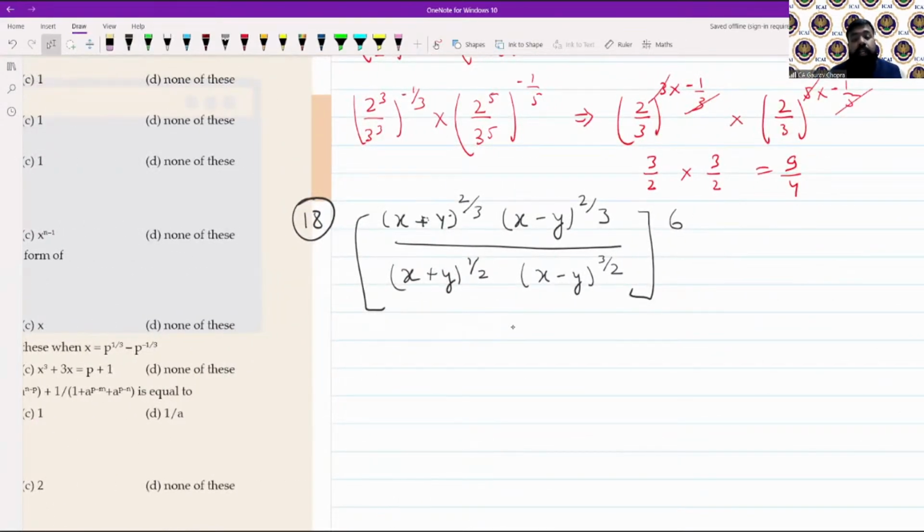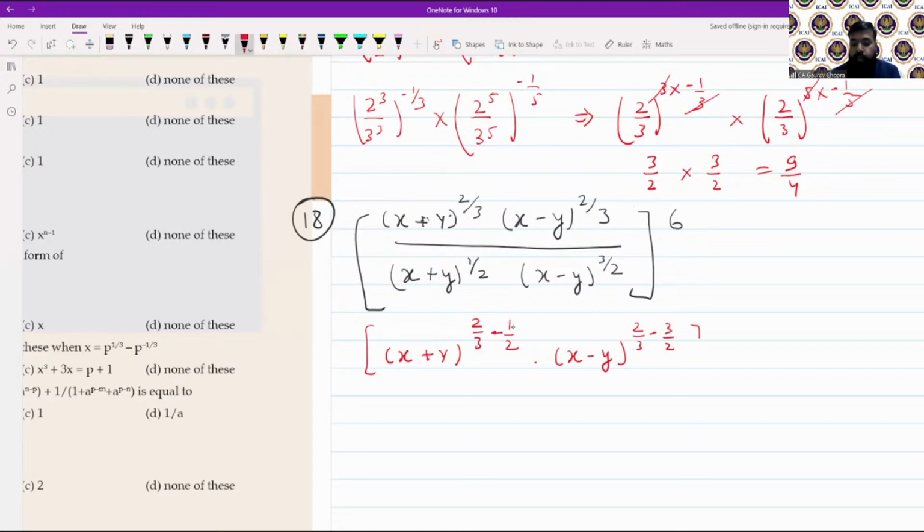Now we can bring x plus y powers together. So x plus y is available in numerator as well as denominator. So 2 by 3 minus 1 by 2. Then x minus y 2 by 3 and minus 3 by 2.